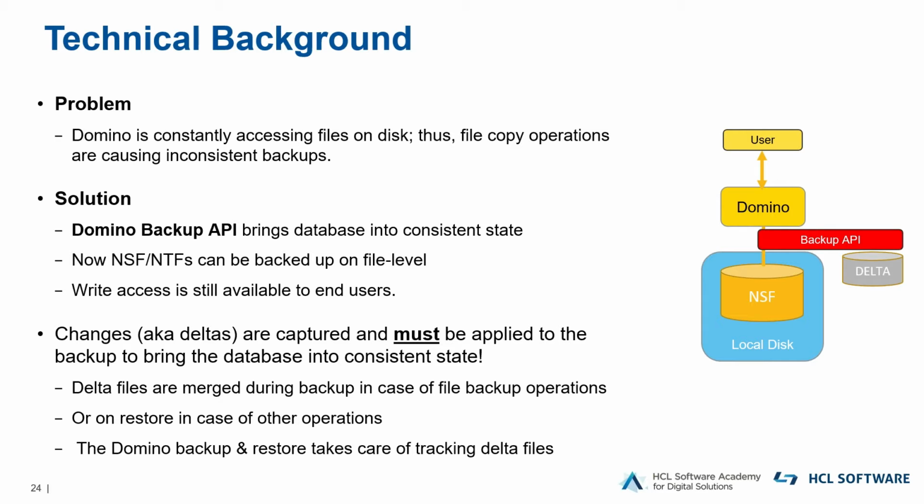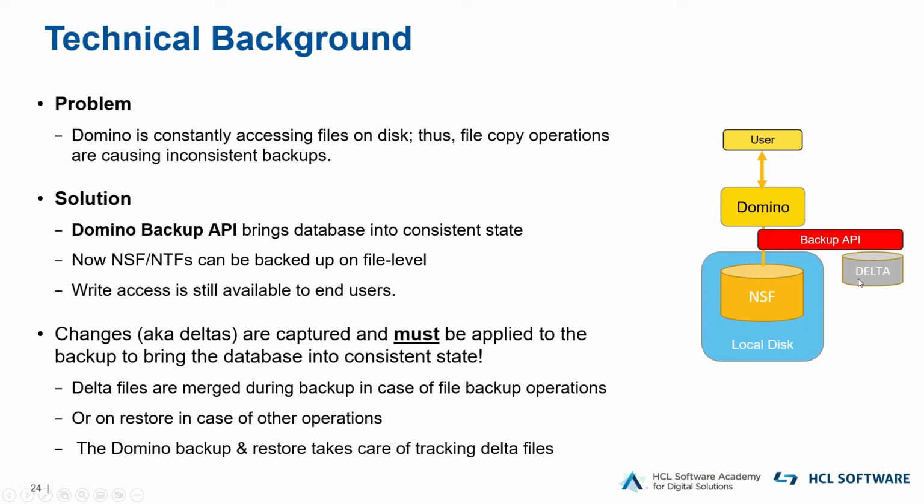And you see in one or another backup integration that we need to back up the Delta files separately. So if you have a backup scenario where the Delta files are, for a snapshot, for example, not directly applicable to the NSF after the backup, they have to be applied after a restore. So when you restore a database, you get the NSF back from the storage.